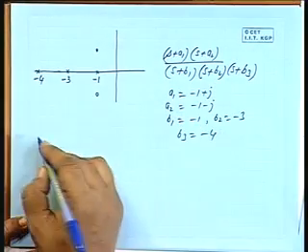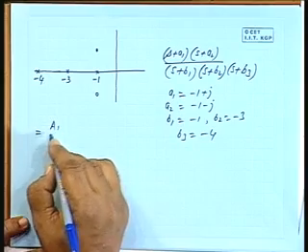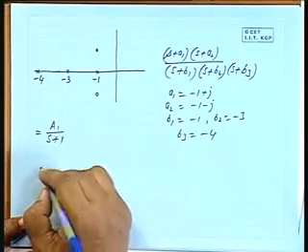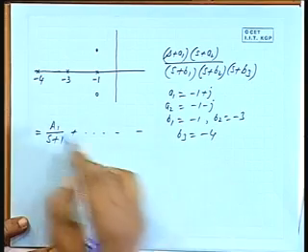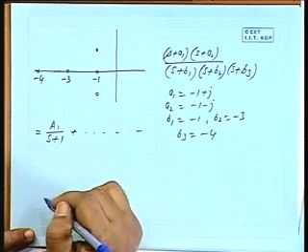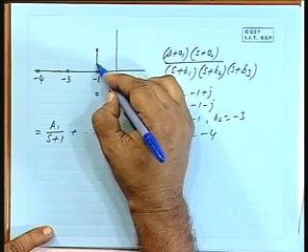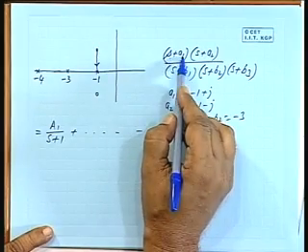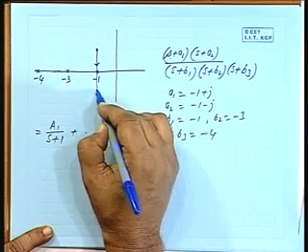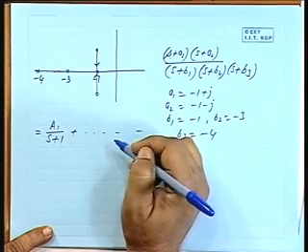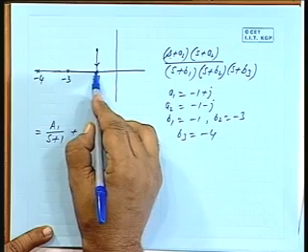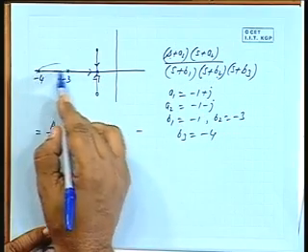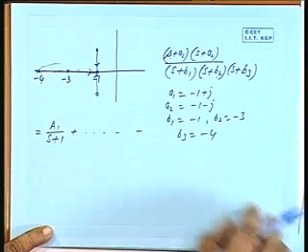So, if I write this as equal to A1 by (S plus B1), that is S plus 1, and I am interested in calculating A1, then this is S plus A1, this is S plus A2, this is S plus B2, and this is S plus B3.